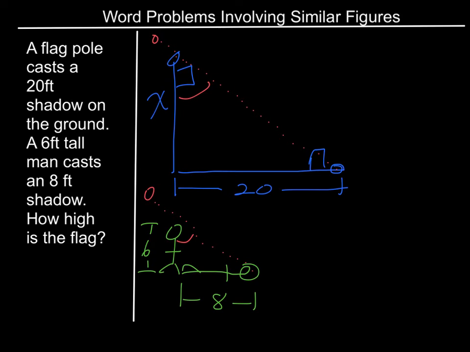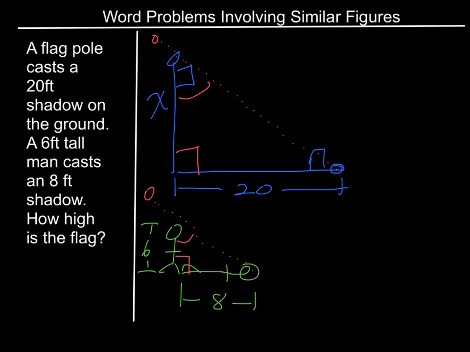Well, if the pole is in the ground and the person is standing on the ground, we assume that the people putting the flagpole in didn't put it at an angle. They put it straight up and down, which means this would be a right angle. And we assume that this person is not leaning over, not staggering home from the bar or something and leaning to one side, so he's standing at a right angle.